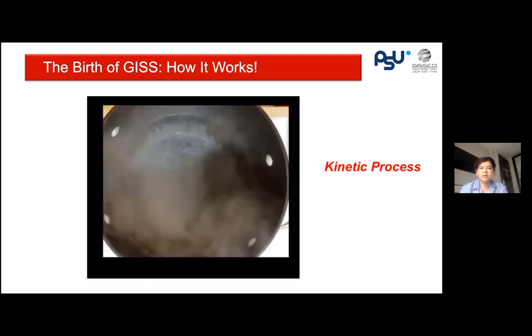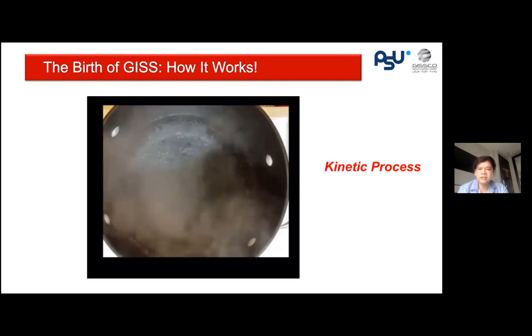When we put ice in there, we can see that the temperature drops to about, let's say, 50 degrees Celsius, but we still have solid particles in there. In thermodynamics, water at 50 degrees Celsius should be fully liquid. So this is something different from what we know from thermodynamics.